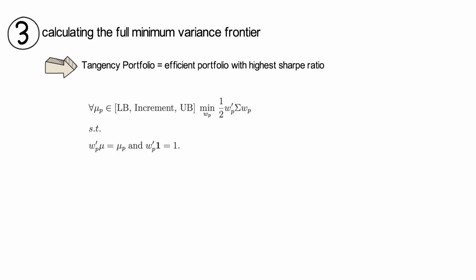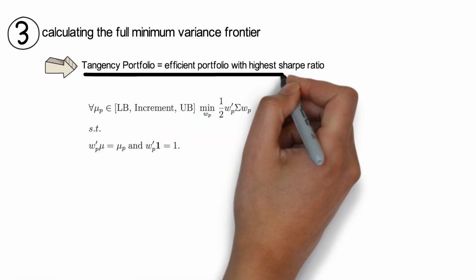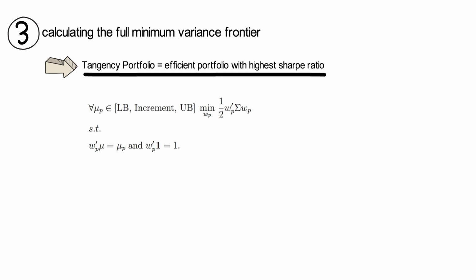And now you're looking for a portfolio of risky assets that earns the target expected return μp and that exposes the investor to the least amount of risk. Note here that the tangency portfolio will be the efficient portfolio with the highest Sharpe ratio.